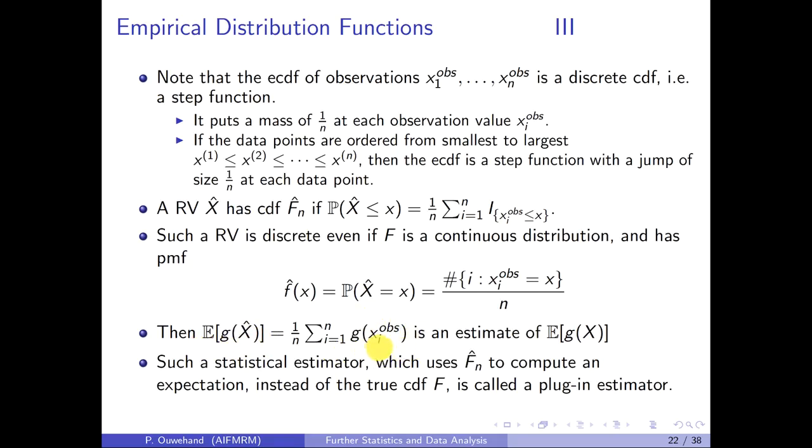In other words, it's the average of g evaluated at the observations. Now the type of statistical estimator that we have here, where instead of using the true CDF F, we use instead the empirical CDF to compute the expectation, is called a plug-in estimator.